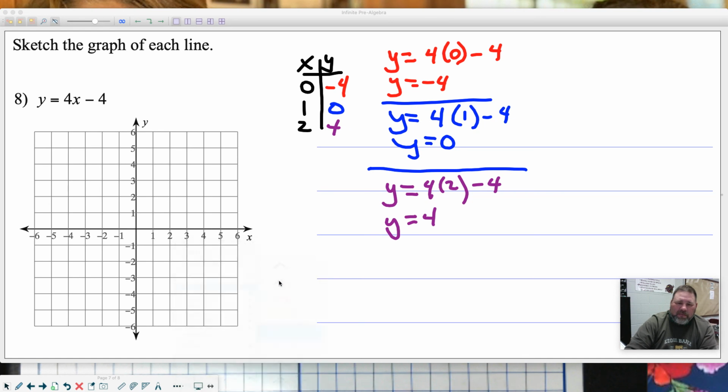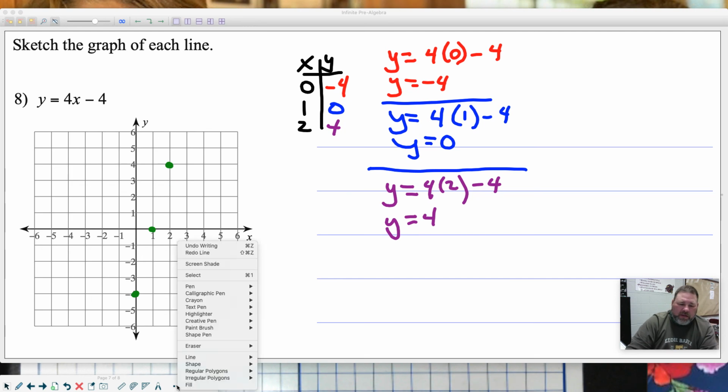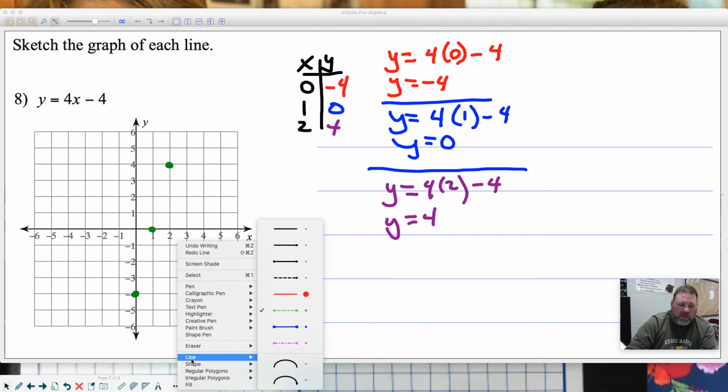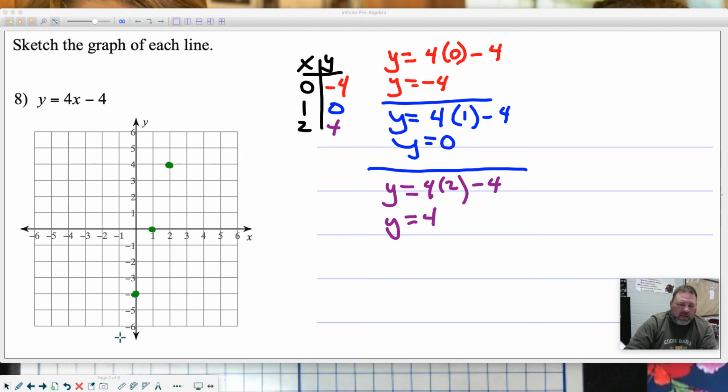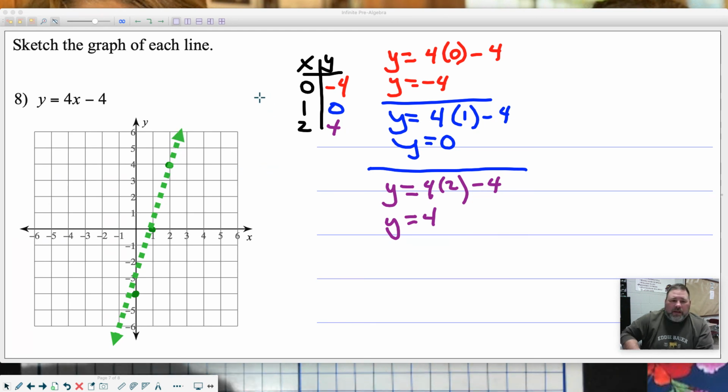I think so. So 0, -4 will be right there. 1, 0 right there. And 2, 4. It's going to be right there. And we draw our line. Oh, Mr. Corbin was off just a little bit. That's what it looks like.